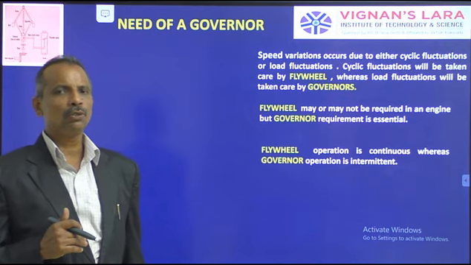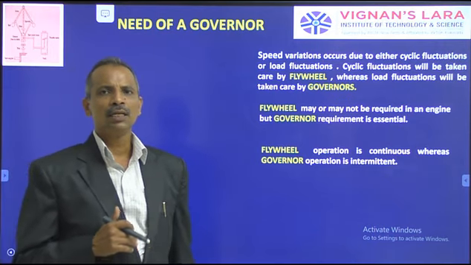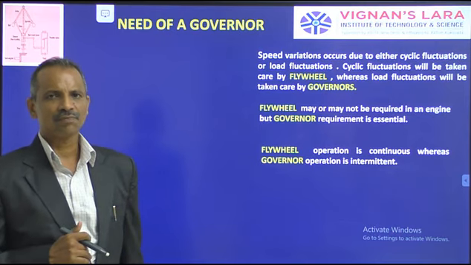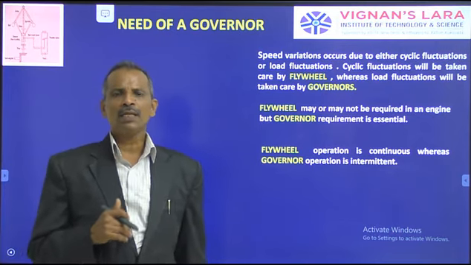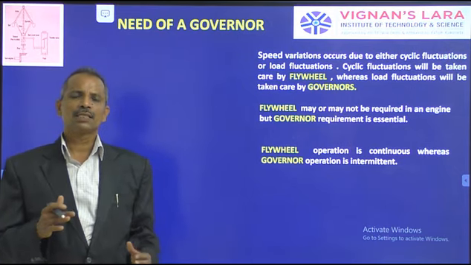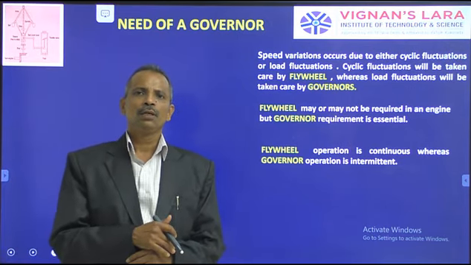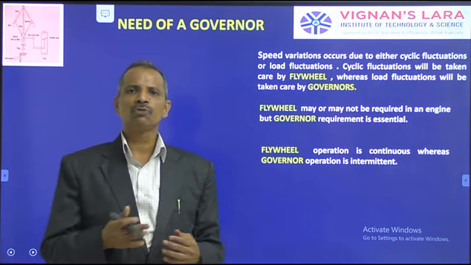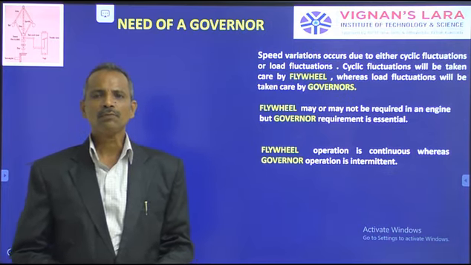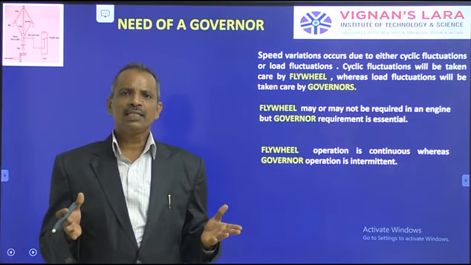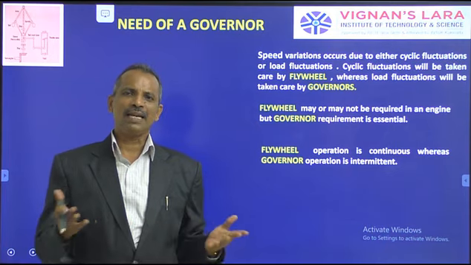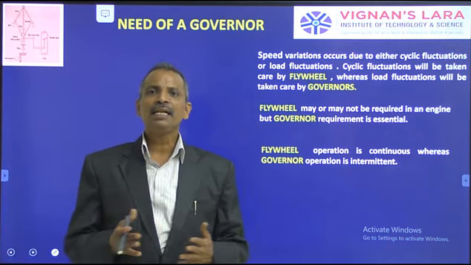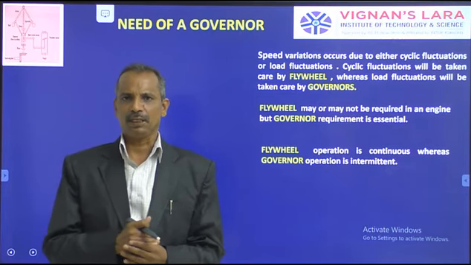Now let us come to another one, which is a governor, which will take care of load fluctuation. So what is this load fluctuation? Let us take a simple example: a fan or an AC which we use in our home. There is a fan regulator or AC controller available to change its intensity depending upon your requirement.